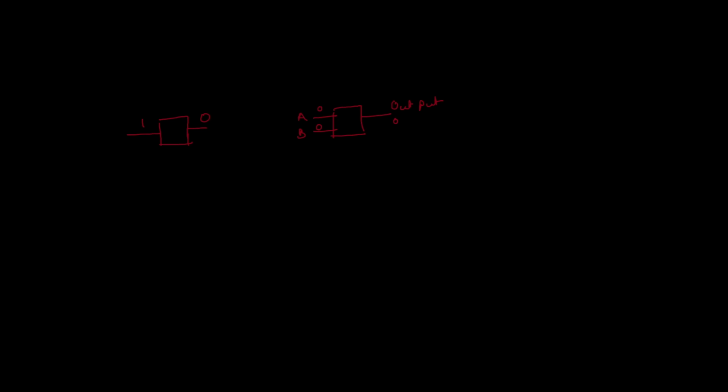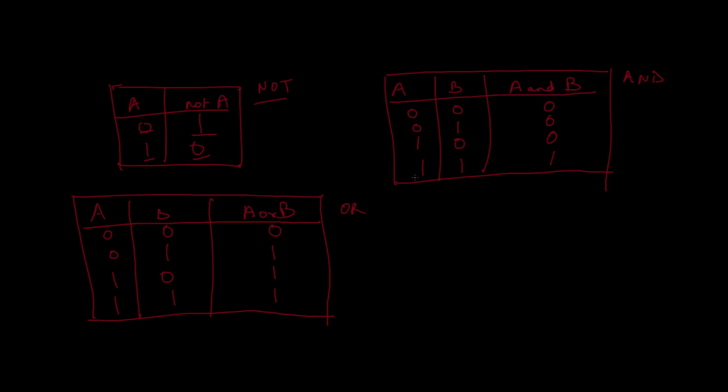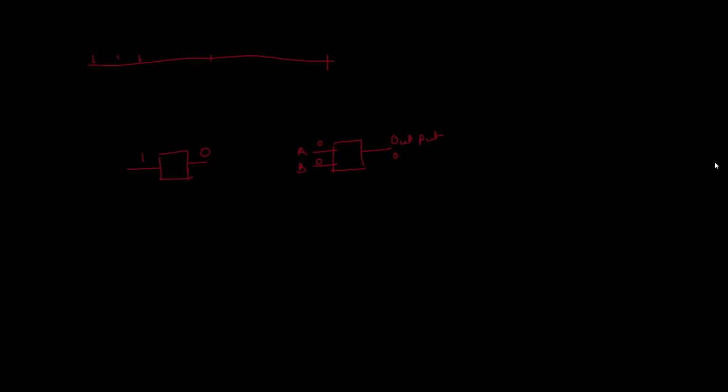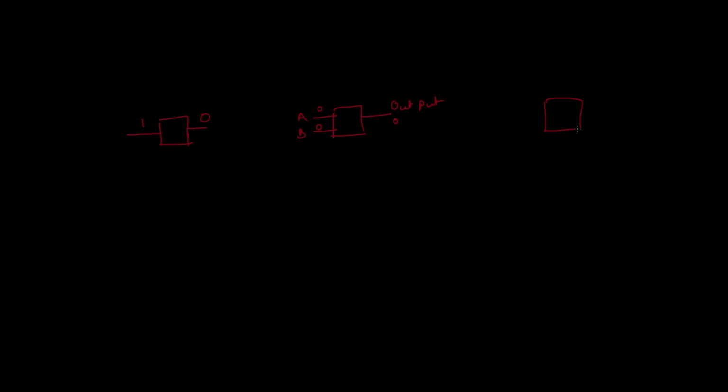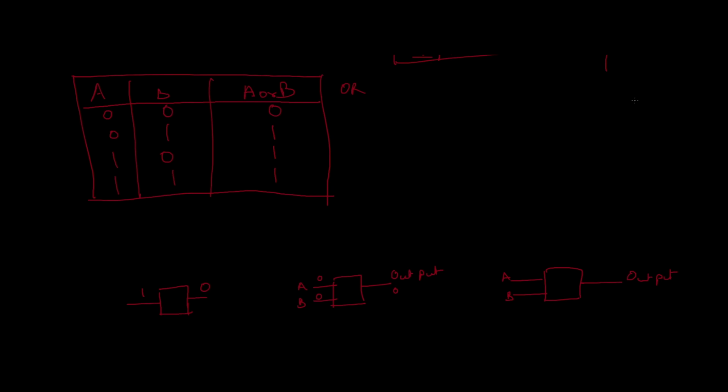Of course, you know the table, so if both of them are 1, it gives out a 1. If one of them is 1 and the other one 0, it gives out a 0. And the third one, that also takes 2 inputs, but does an OR operation with the 2. And of course, you're familiar with the OR operation as well.